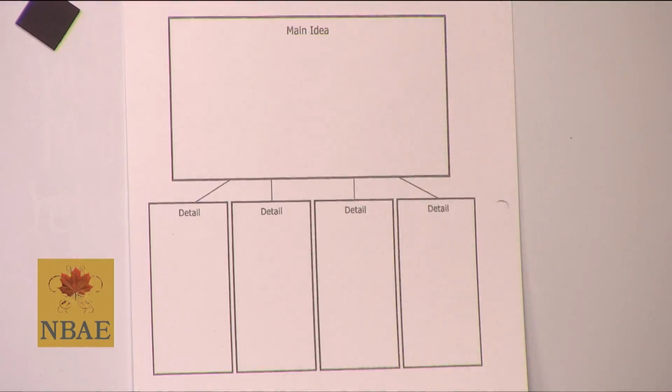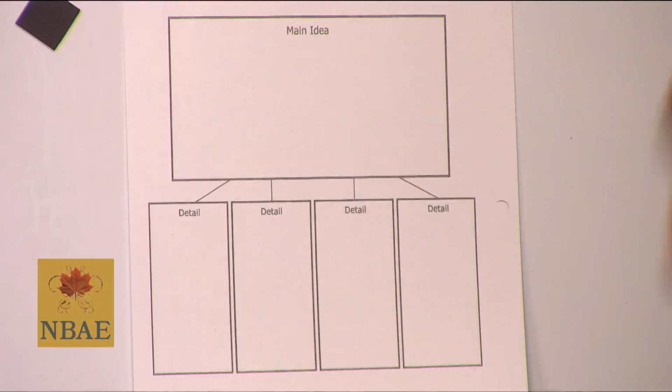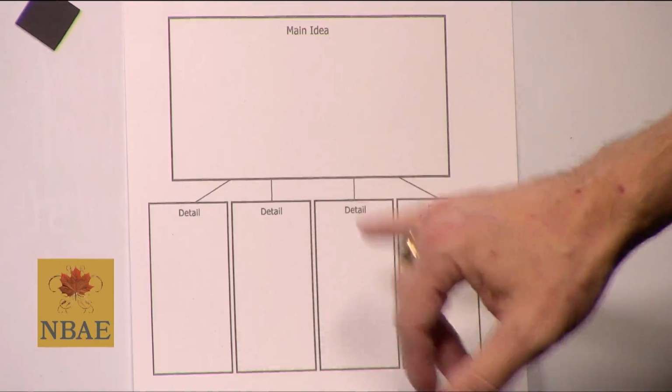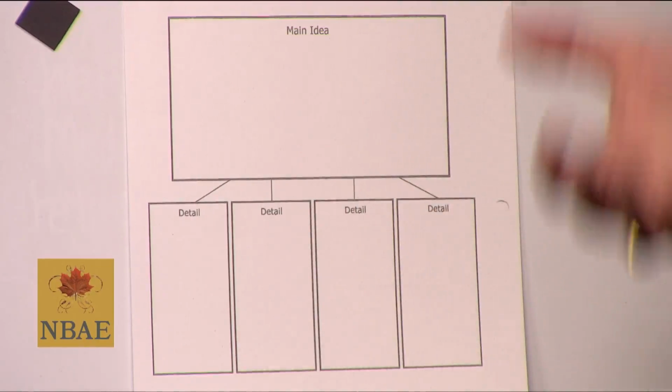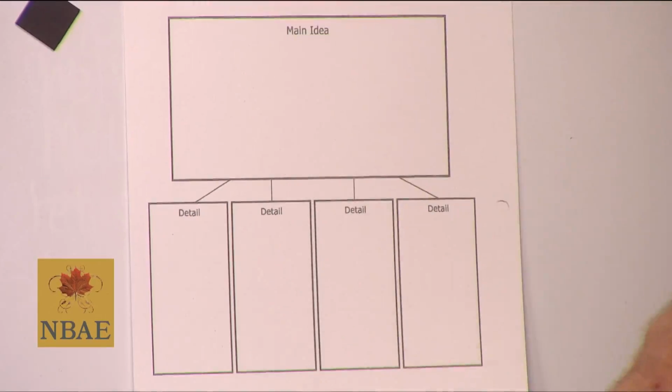So as we talked about oranges as an example, you would put oranges as the main idea, and then you would be listing the details about oranges underneath that in the detail boxes. So as many details as you could come up with. They grow in warm climates, they grow on trees, they're a source of vitamin C. So that's one way of doing that.